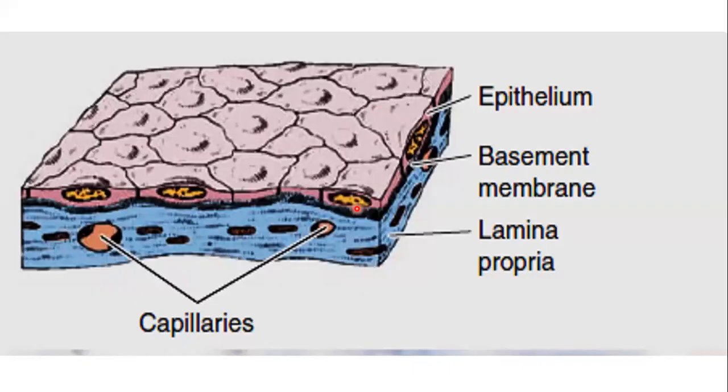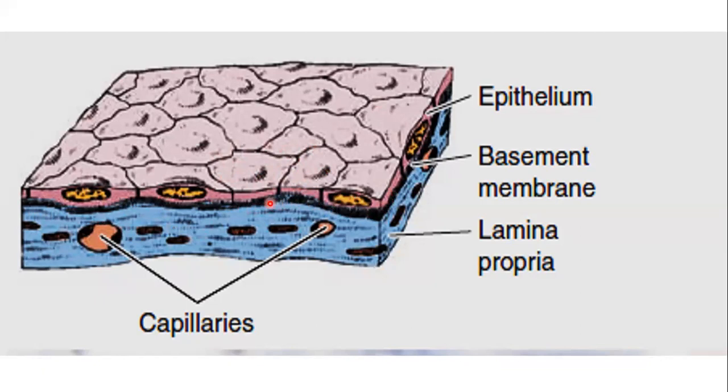Another important feature to mention is that epithelial tissue is not vascularized. Therefore, it is avascular. You don't find blood vessels in this tissue. So there's a barrier between the cells and the connective tissue, which has blood vessels. That barrier is known as the basement membrane.